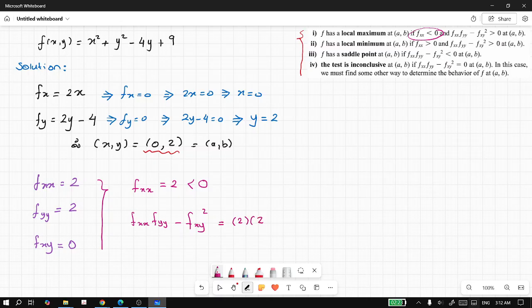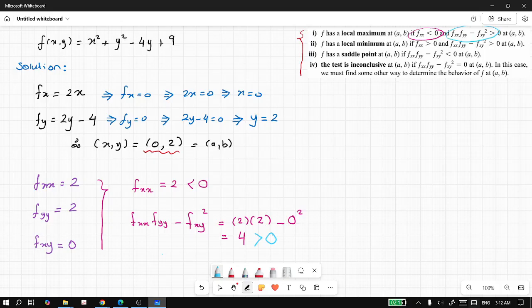F sub yy is equal to 2 minus f sub xy squared, that is 0 squared, because f sub xy is equal to 0. What is the value of this one? The value of this one is equal to 4, which is a number that is greater than 0. So it satisfies this condition that we have got here.